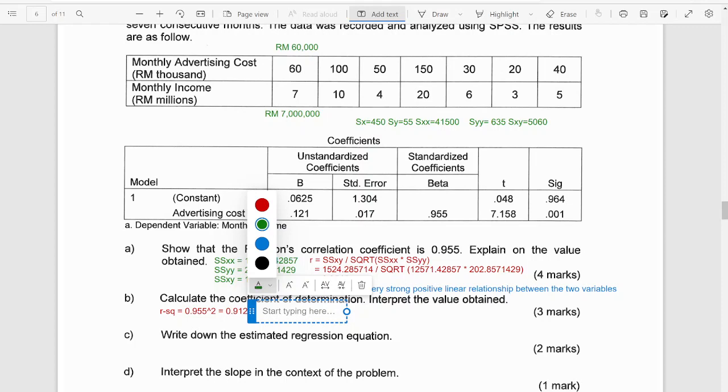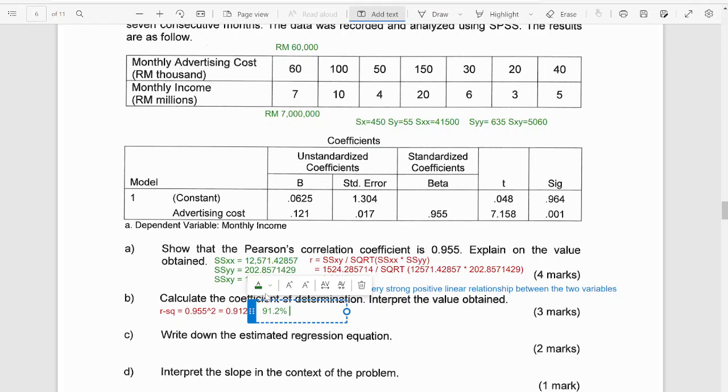91.2%. So what you can say here is that 91.2%. So the coefficient of determination actually measures the variation in the variable y that can be explained by the variable x.